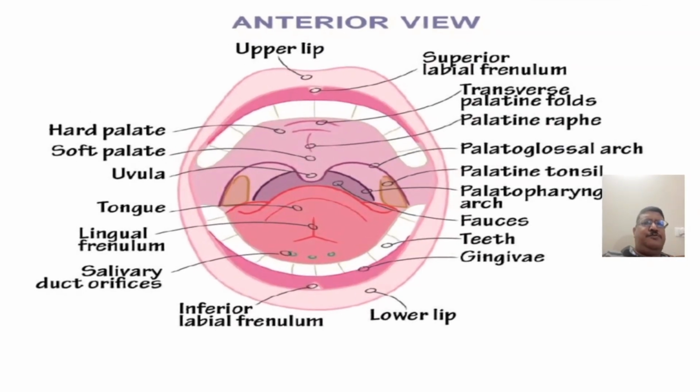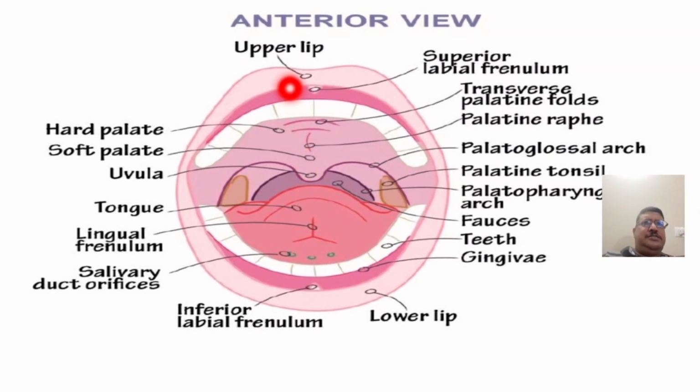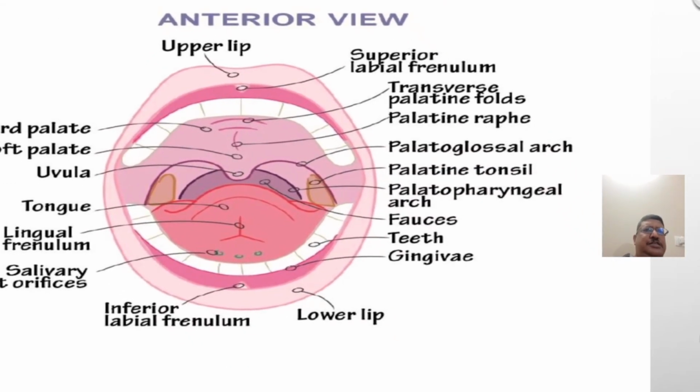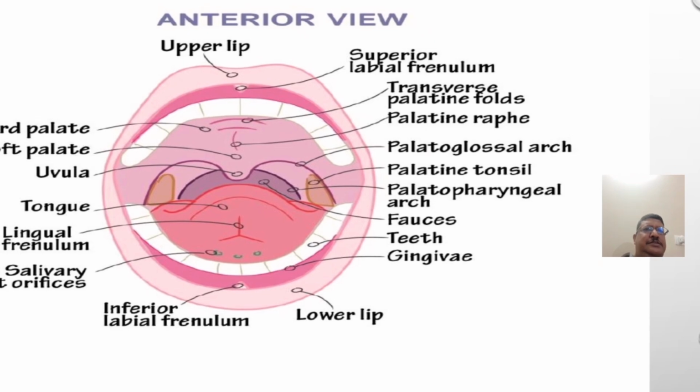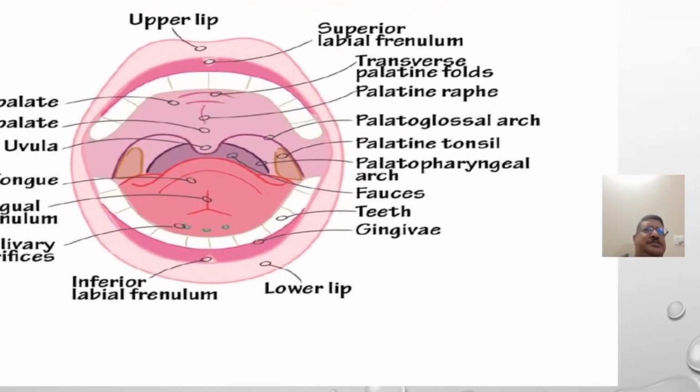This is the structure of the mouth: upper lip, superior labial frenulum, transverse palatine folds, palatine raphe, palatoglossal arch, palatine tonsils, and fauces, teeth.